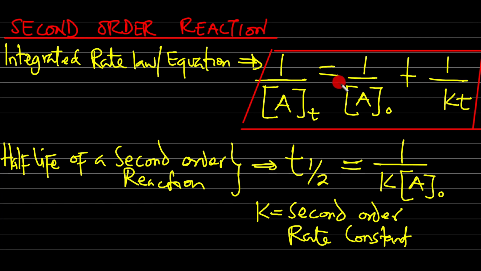The only difference is the way the parameters are related to each other. They all have initial concentration, final concentration, time, and rate constant, and they'll always give us 3 and you'll be asked to find 1. Now the half-life of a second order reaction is t half equals 1 over K A naught. Okay, so that is that.